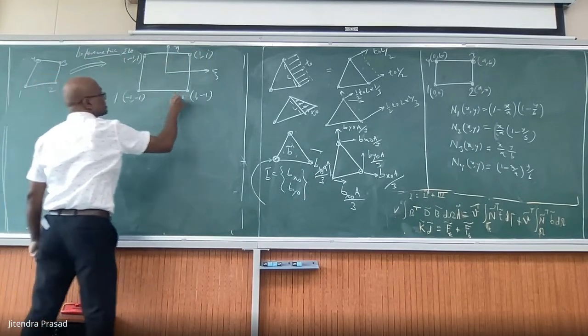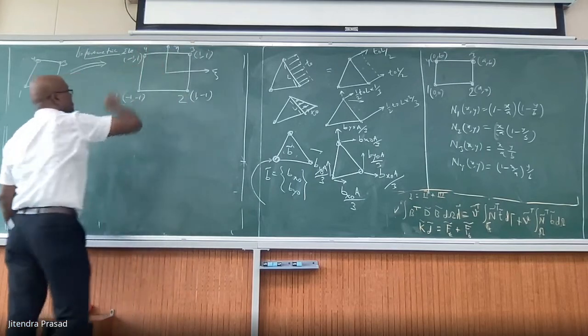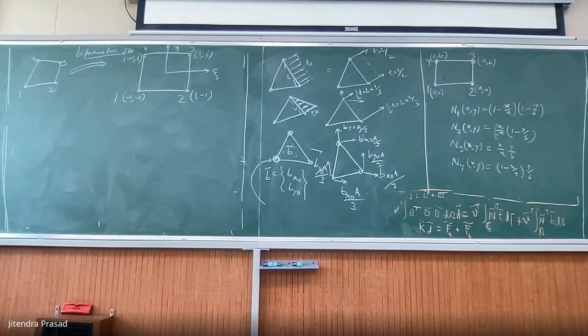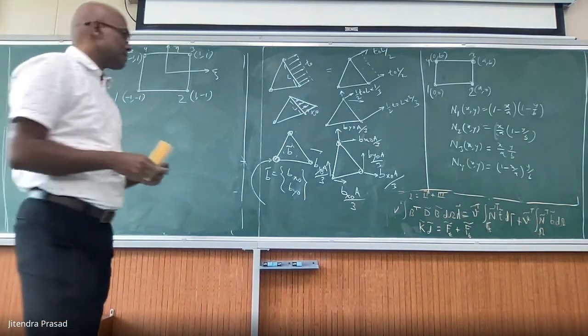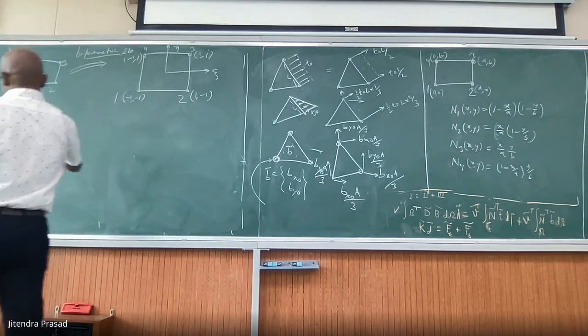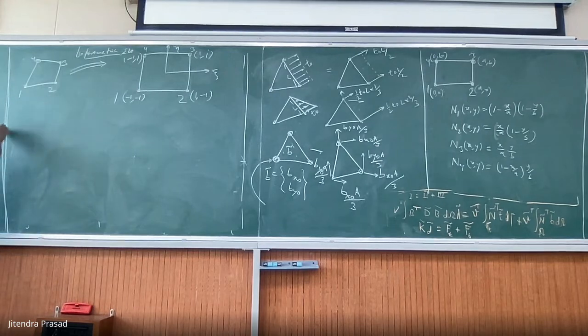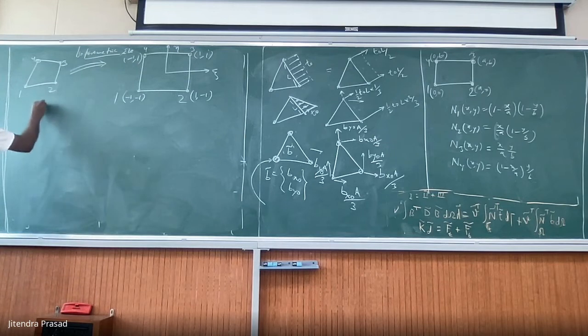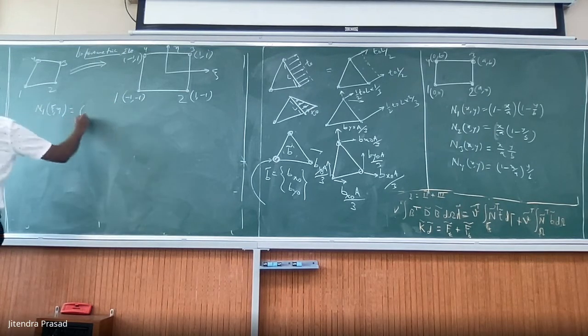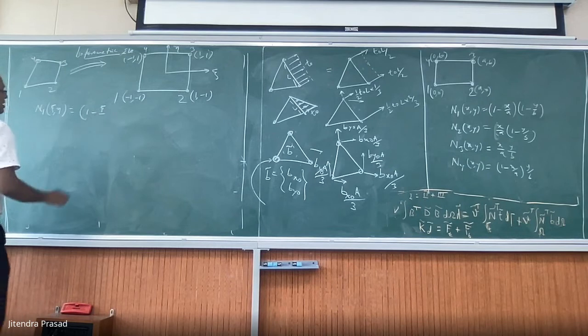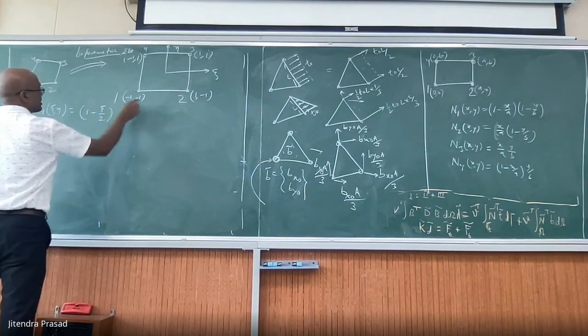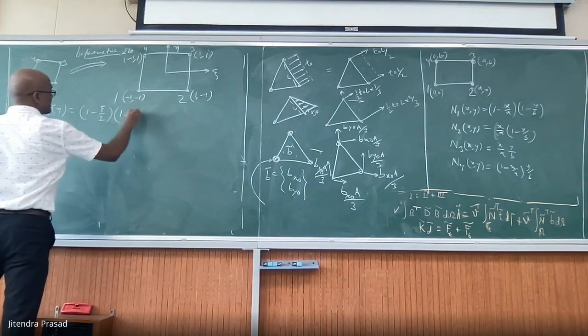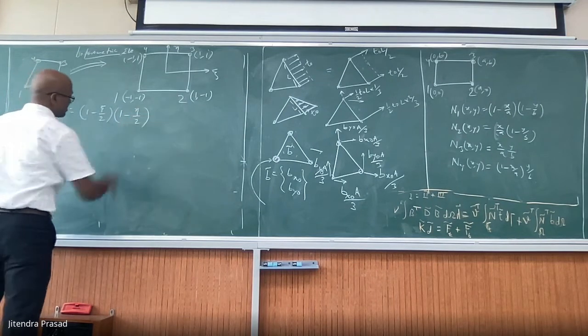This is 1, 2, number 3, number 4. In one of the previous lectures, as pointed out by one of the students, I simply wrote N1(xi, eta), I just copied that, as 1 minus xi over 2, because width is 2, times 1 minus eta, right.